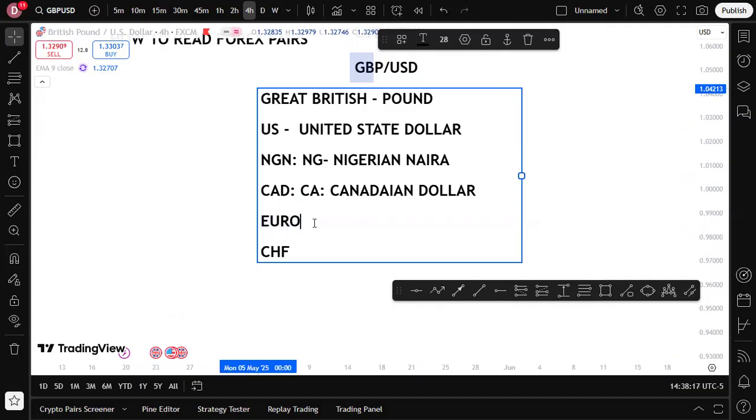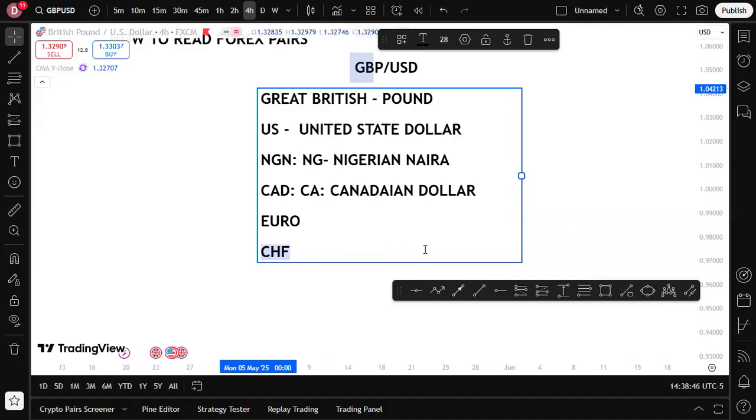This is an exception to this list, and the CHF as well. The CH stands for Confederation Helvetica, something like that, but what they use is the Swiss franc, because I think it was like two countries or so that came together to form this country. I can't really remember, but that's what it is.